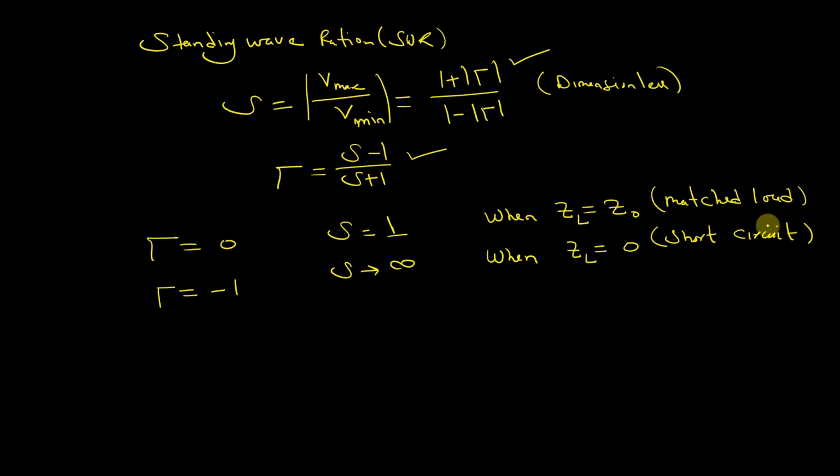You can also see it from the relation gamma is equal to (Z_L minus Z_0) divided by (Z_L plus Z_0): when Z_L is equal to 0, gamma is equal to minus 1.